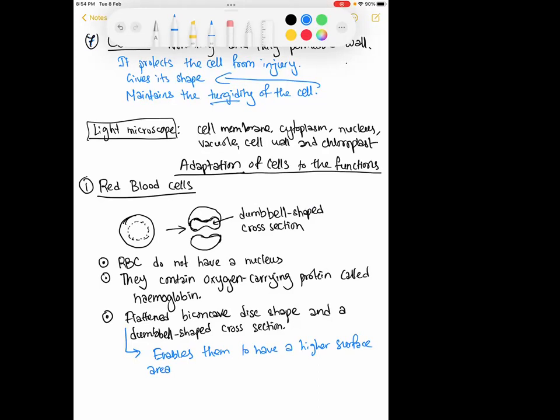Okay? Because what is the main function of RBCs? To transport oxygen to the whole body, and also to transfer carbon dioxide, right? Yeah.